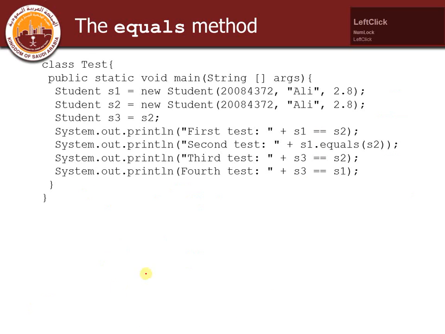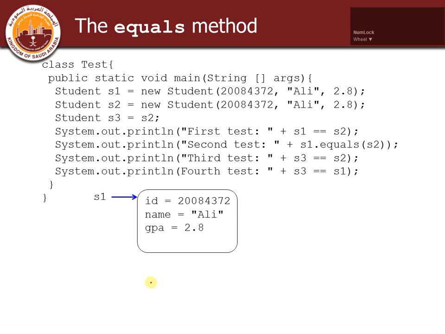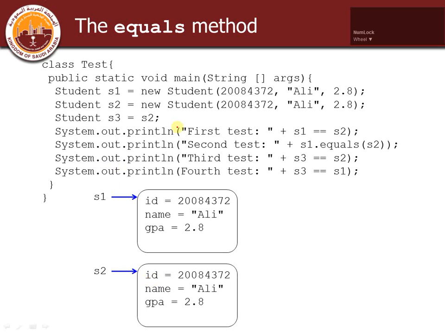Let me just erase this. So this is S1, and this is S2, and S3 is the same address as S2, because I said whatever is in S2, put it in S3. That means these two are pointing to the same thing. So now, what would be your answers? Is the address of S1 equal to the address of S2?